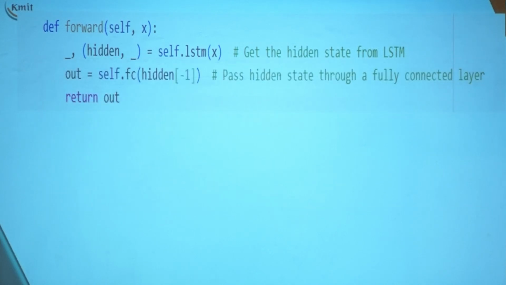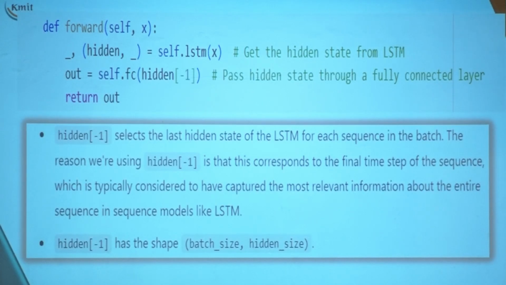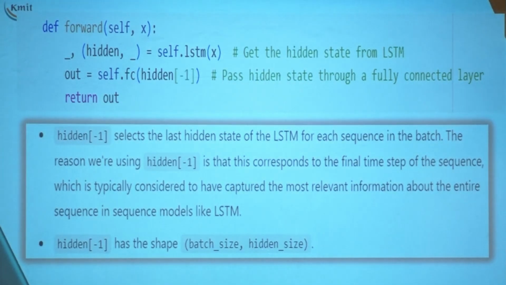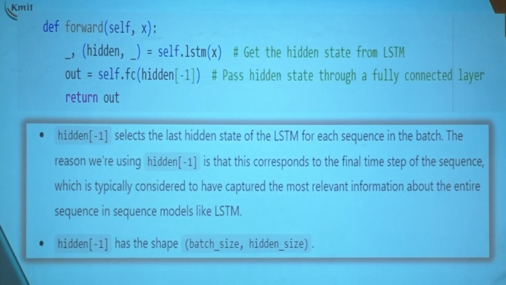Okay. Now see here what we are doing, hidden of -1. Why do I need that? I require only the last hidden state, because that's the word that I am going to predict. That's the index that I actually need. So hidden of -1 selects the last hidden state of the LSTM for each sequence in the batch. The reason we use hidden -1 is that it corresponds to the final time step in that sequence, which is typically considered to have captured the most relevant information about the entire sequence.